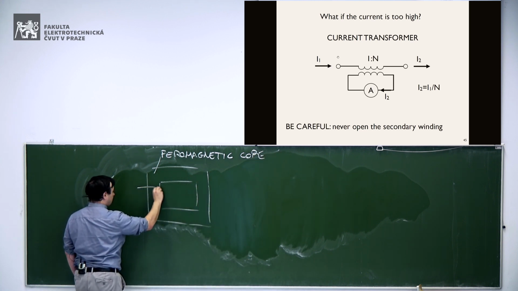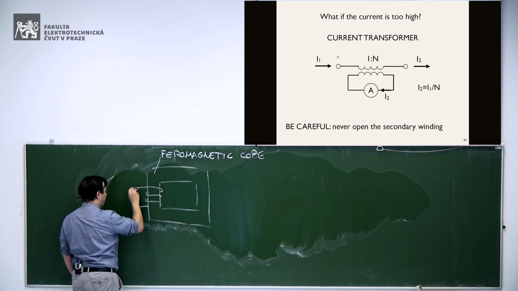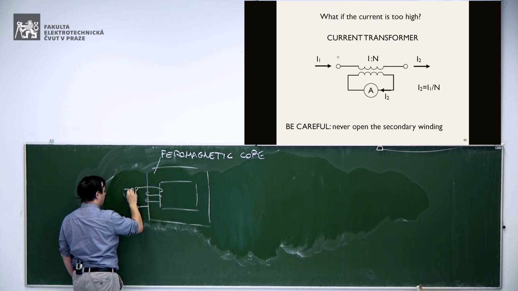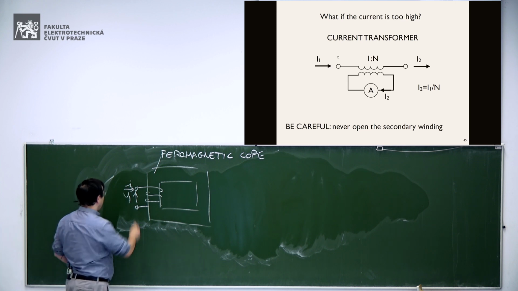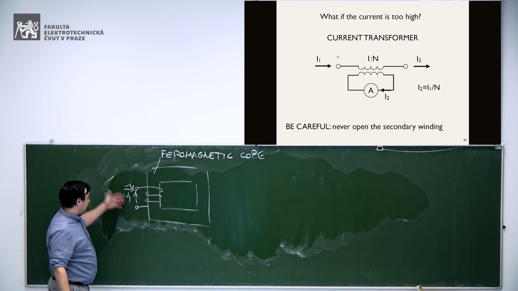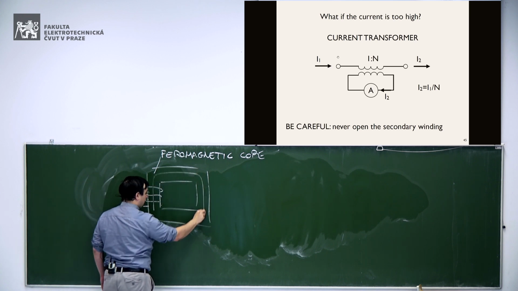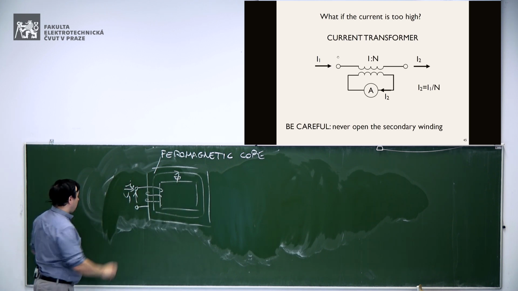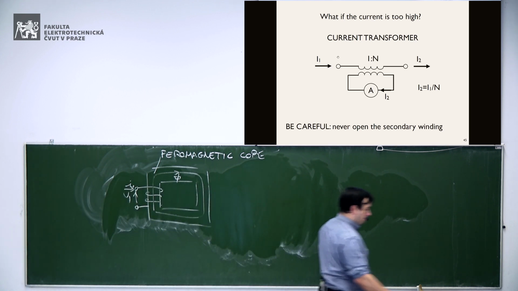Now, you have a primary winding, so the first coil, where you apply a voltage, and then you get a current. This will create a magnetic flux. This is time varying, okay?